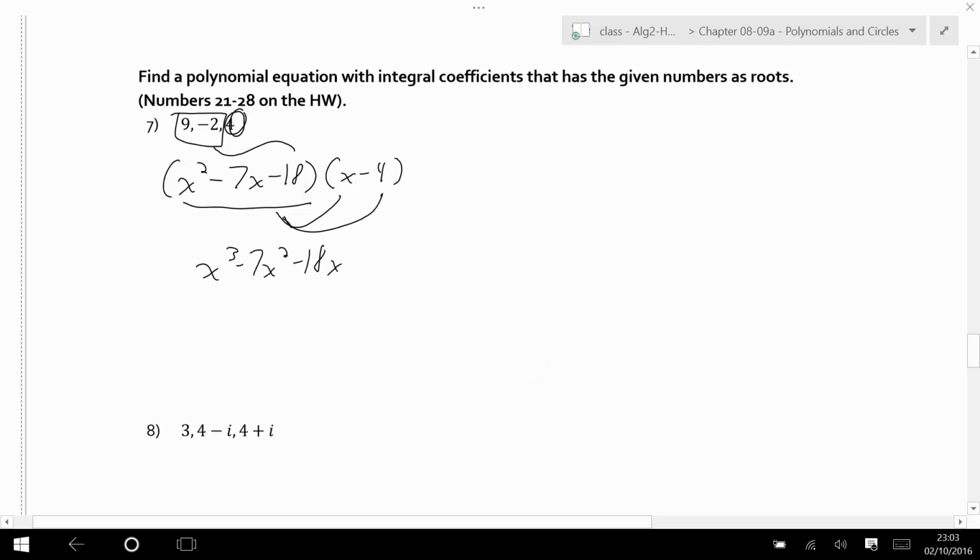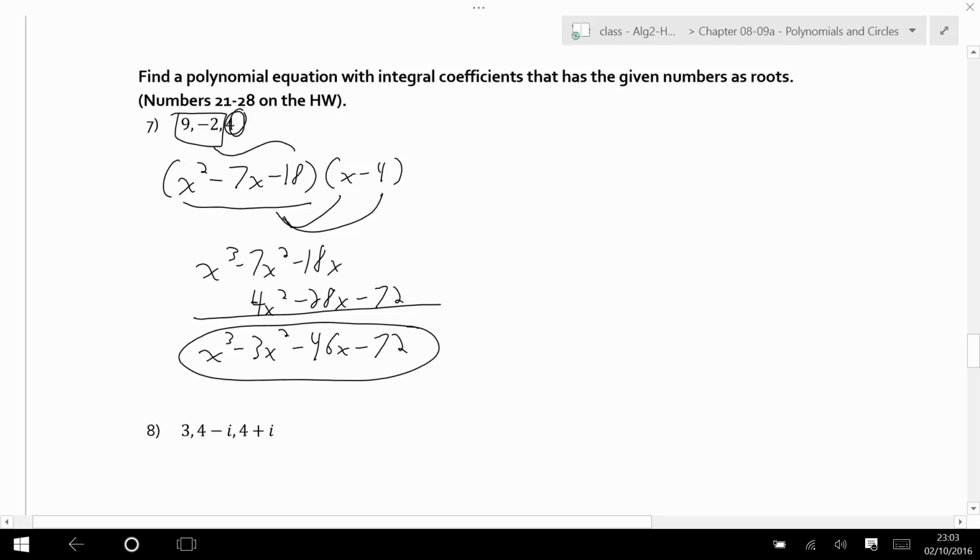And then I multiply by the 4: I get 4x squared minus 28x. Minus, let's see, 4 times 18 is 72, and I get x cubed minus 3x squared minus 46x minus 72, and that's the final polynomial.